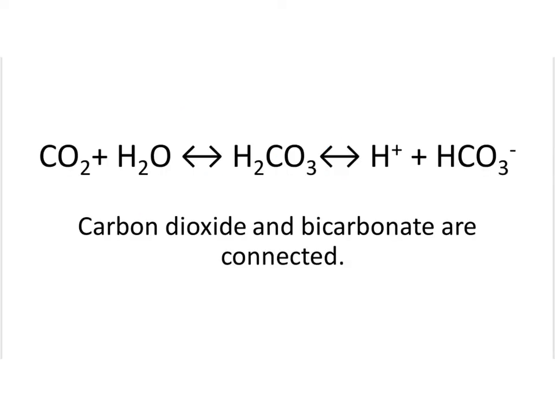This chemical equation helps to demonstrate how both the lungs and the kidneys can affect the acid-base balance in your body. On this side, we have the lungs part of the equation, and on this side, we have the kidney part of the equation. So over here, we've got carbon dioxide and water. Obviously, your lungs are responsible for exhaling carbon dioxide into the environment. So if they, for whatever reason, hang on to too much carbon dioxide, that gets dissolved with water in your body and turns into, this is carbonic acid.